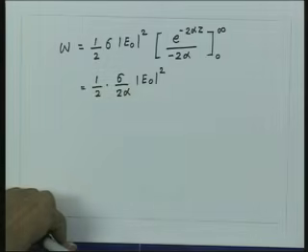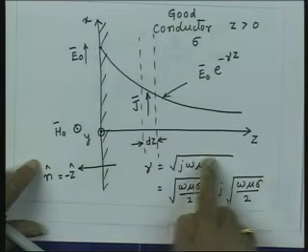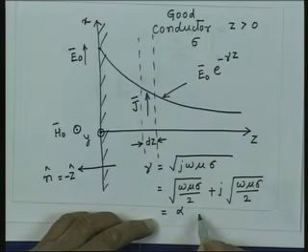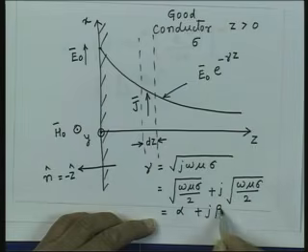If I substitute for alpha, as we have seen earlier, the propagation constant gamma is given by this. So this quantity is alpha and this quantity is beta.